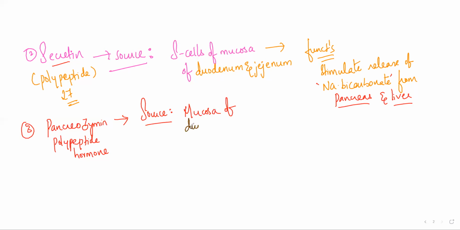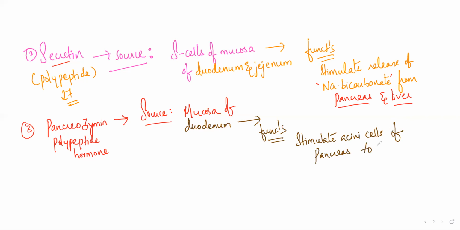And if you speak about the functions of pancreozymin, it is going to stimulate the acini cells of pancreas to secrete the pancreatic enzymes, the exocrine part, right? Pancreatic enzymes.